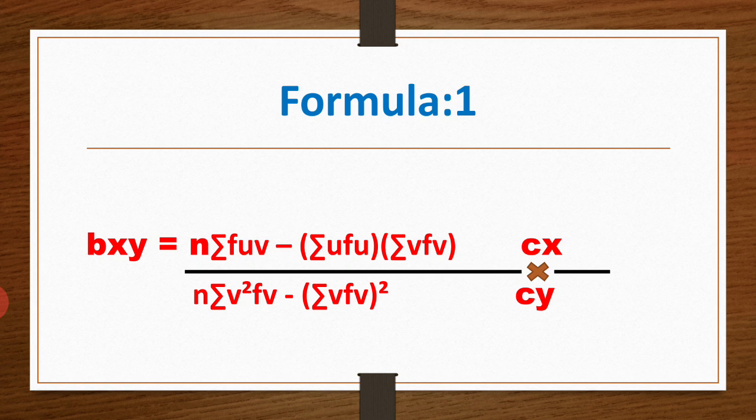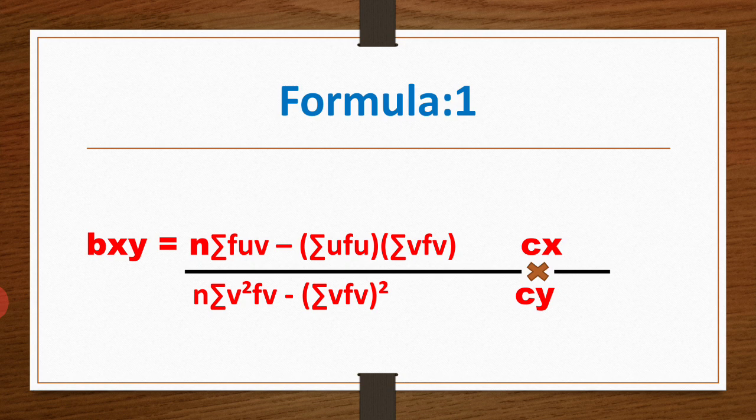We did not use cy upon cx and cx upon cy in the correlation chapter, because correlation is free from origin and scale. But students, remember the point: regression is free from origin but not from scale. So here we are using cx upon cy and cy upon cx.